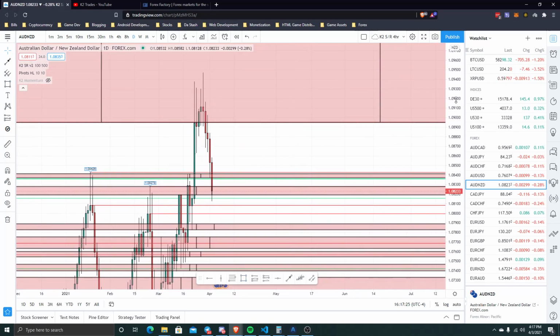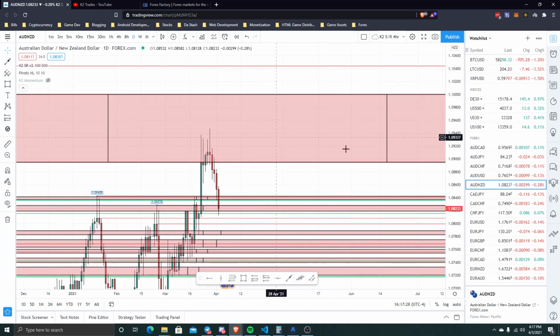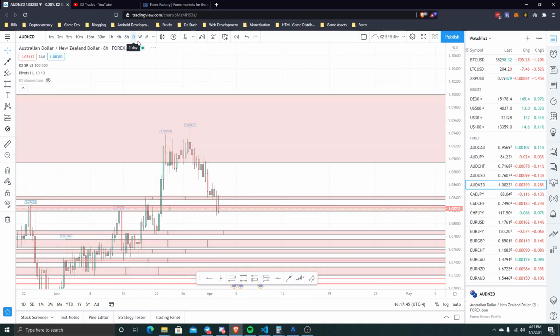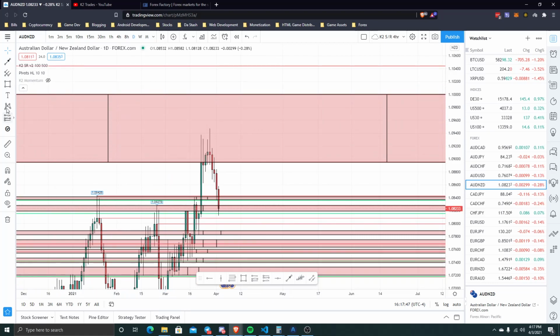All right, so the reason why I drew this big box here is because this is the daily resistance zone. There were no other zones above on the 4-hour to draw on. So with this indicator, I have to go to higher time frames to find a zone, and this is the daily.